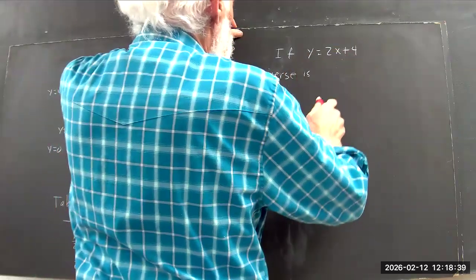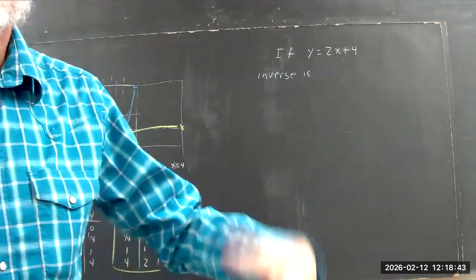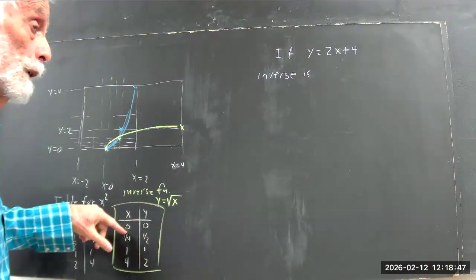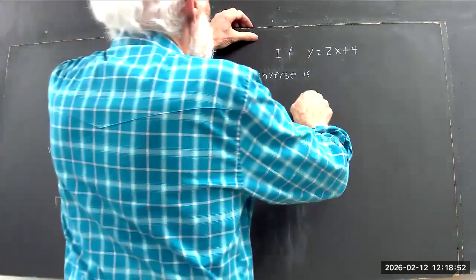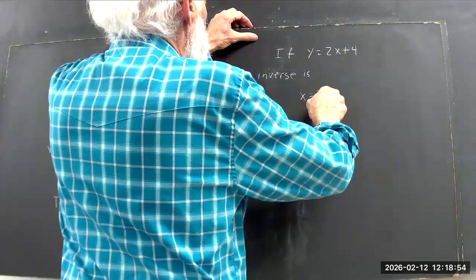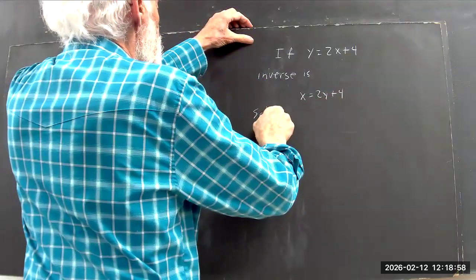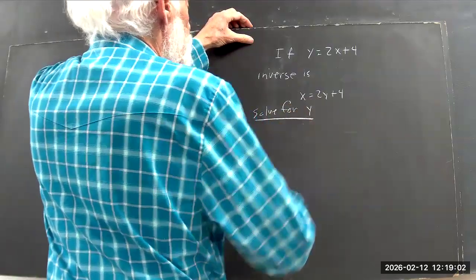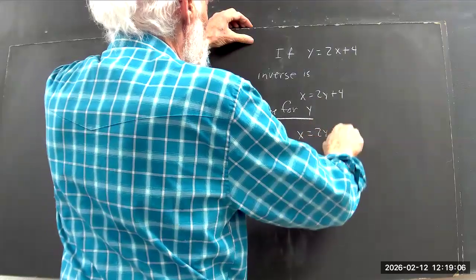If y equals 2x plus 4, the inverse, you swap x and y. You make the y's into x's, you make the x's into y's, which is exactly what we did with this picture, right? We solve this for y. Okay, we got x equals 2y plus 4.